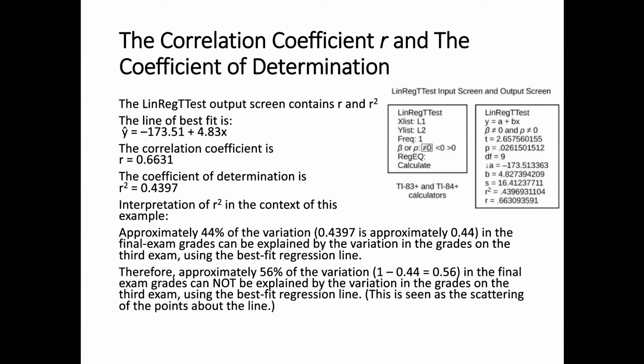So the interpretation of the coefficient of determination is approximately 44% of the variation in the final exam grades can be explained by the variation in the grades on the third exam using the regression line.